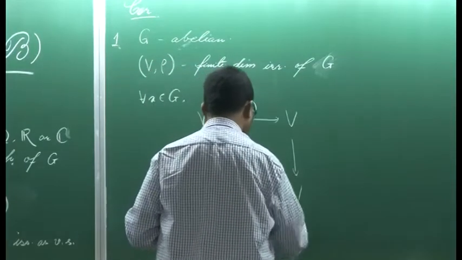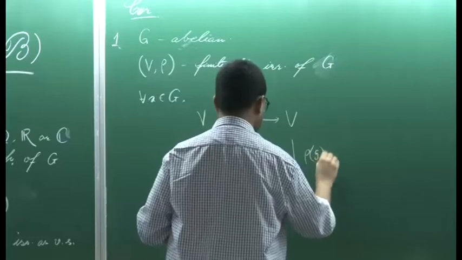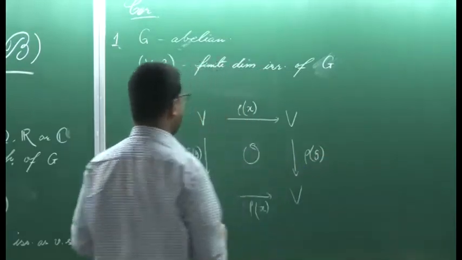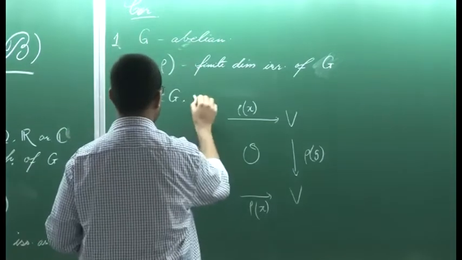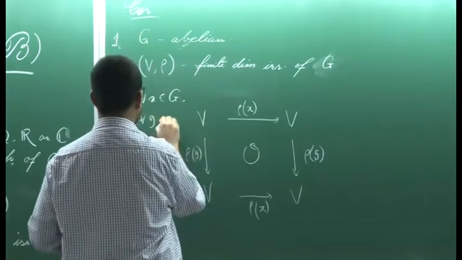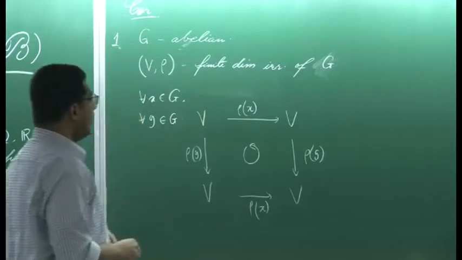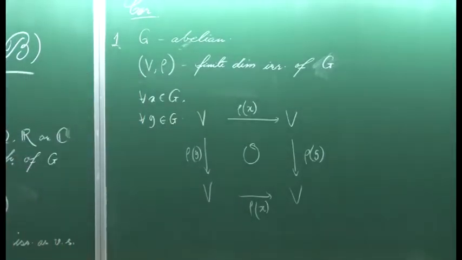This diagram commutes because G is abelian, for every x and for every g.